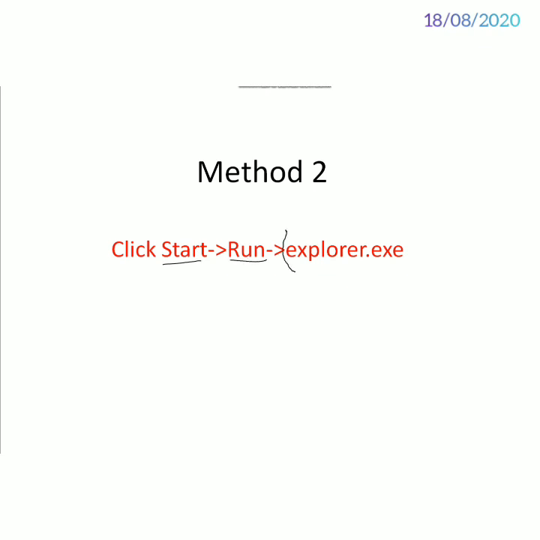Then in the Run window, you have to type explorer.exe. Again I'm repeating. You have to click on Start, then choose Run. Then in the Run window, you have to type explorer.exe. Then you will be able to see that the Windows Explorer window will open.